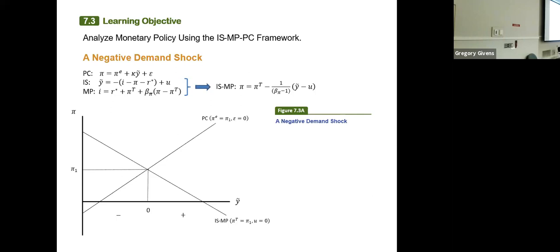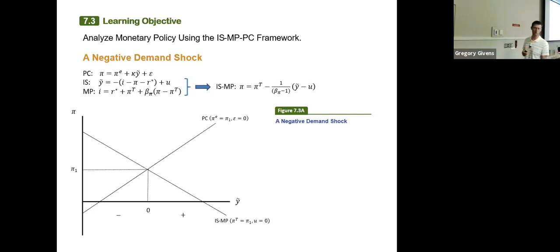And how is that going to affect the equilibrium values of the output gap and inflation in this model? I want you guys to answer that question graphically by showing what curves shift and what happens to the equilibrium point. But then really more importantly, I want to spend some time going through the logic of the transmission mechanism. And that is how the equilibrium comes about.